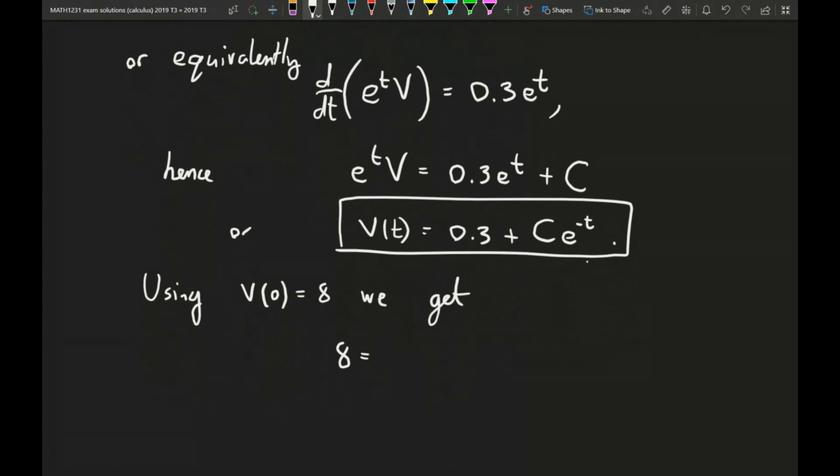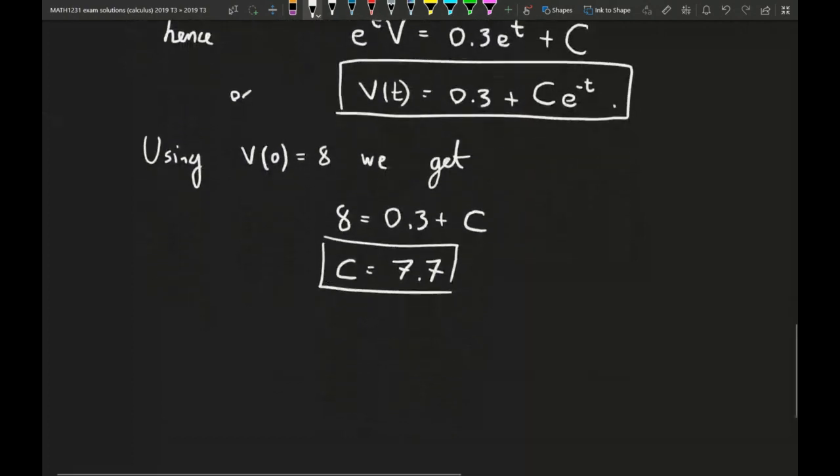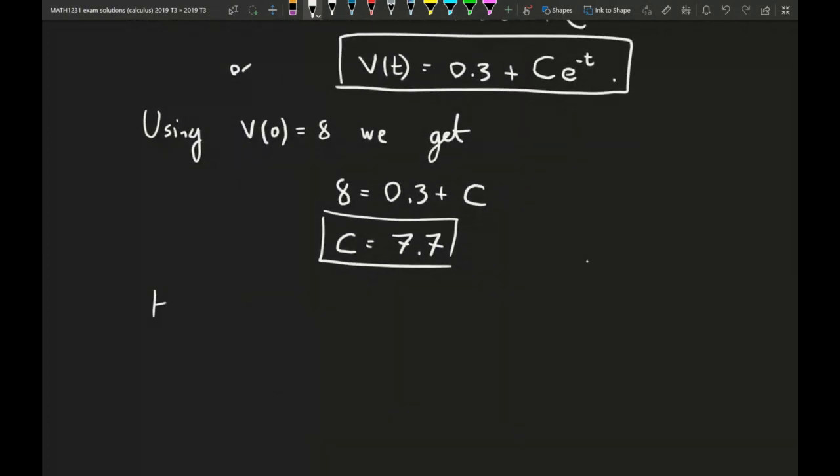Well, 8 is equal to 0.3 plus c, so obviously c has to be 7.7 to make up for that, just to balance out that equation. So let me just rewrite this. I'm going to need this for the next part. So we have our v.